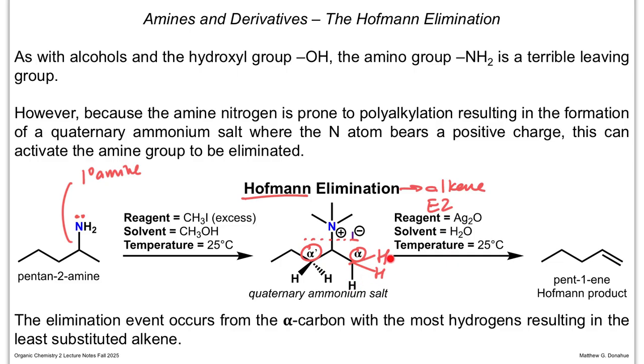So the carbon with the most is going to win. And so wherever that nitrogen is and the carbon with the most hydrogens, that's where you're putting the double bond. So that's, in our classification, a monosubstituted alkene.